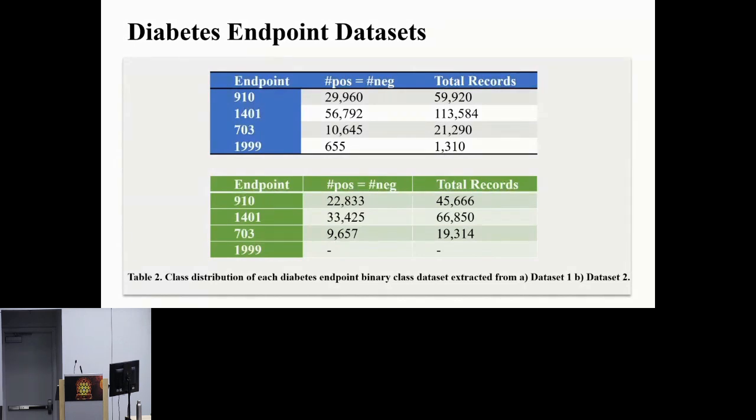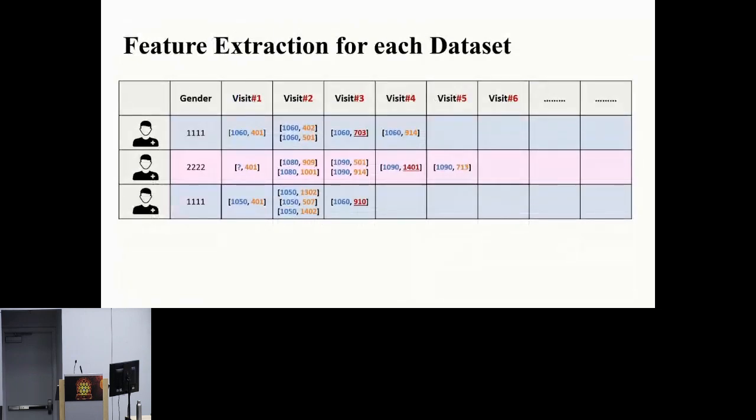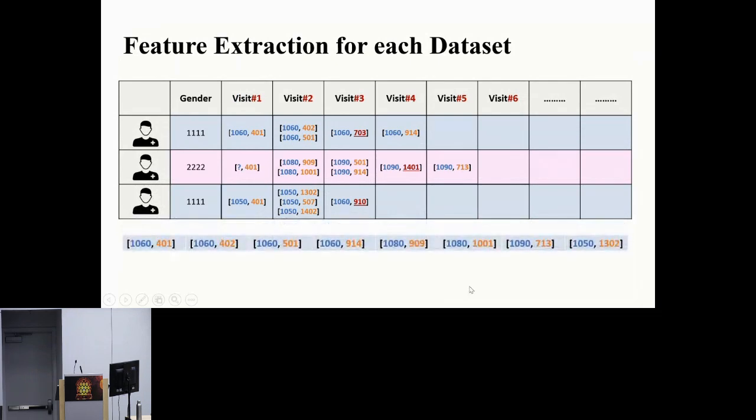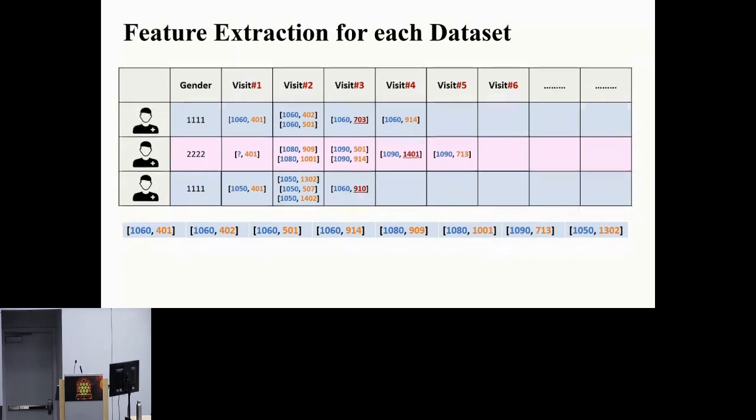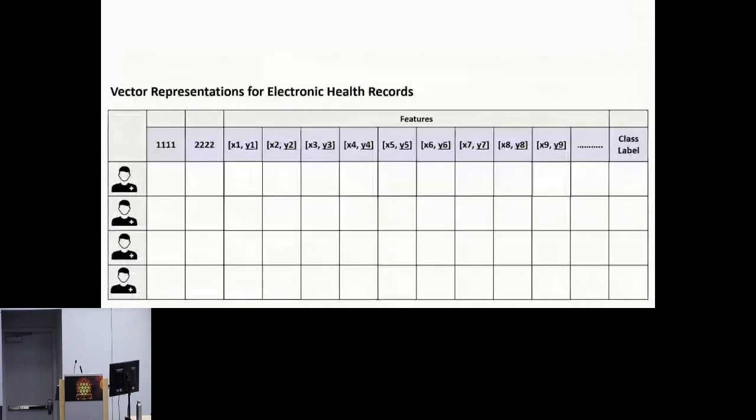At the feature extraction phase, for each dataset, we generated a unique K features by identifying distinct combinations of age range labels and pathology codes within the dataset. Gender was also added to this final list. Afterward, we converted each EHR into a K plus 2 dimensional representation vector.